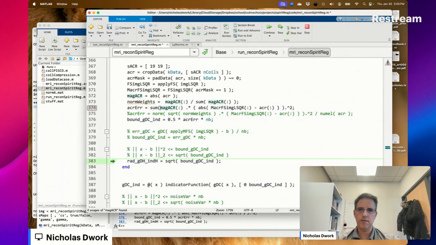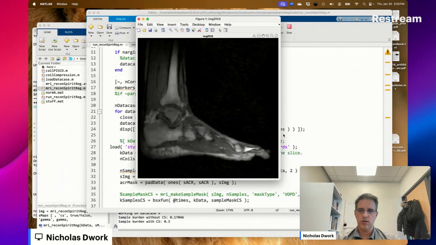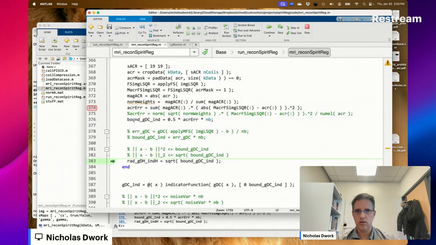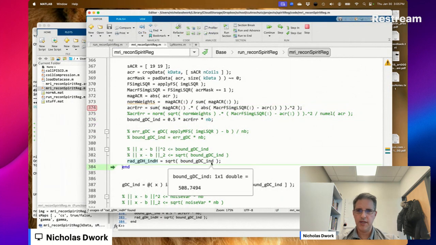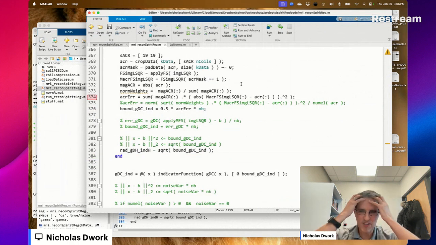Oh, I need to take the sum of this. I feel like I'm shooting in the dark.